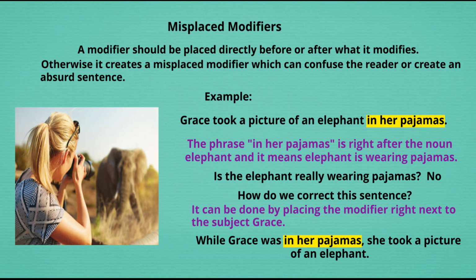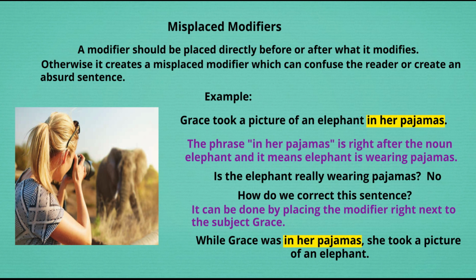And what does it mean? What do you think? Because this phrase is just right after the noun, that means it is describing the noun, right? So, is the elephant wearing the pajamas? No, it's not possible. How can an elephant wear pajamas?